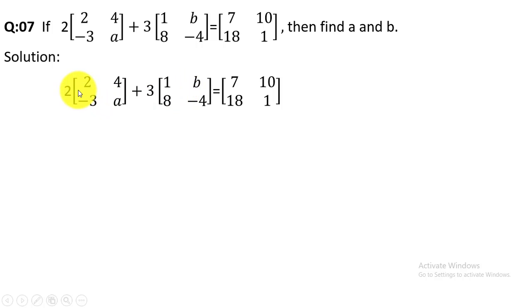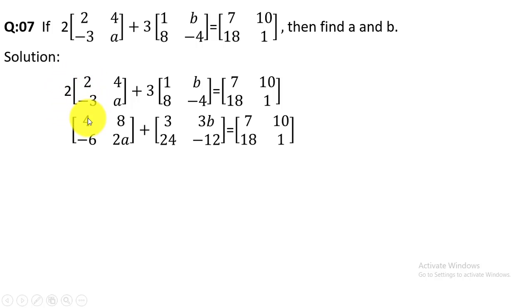So 2 multiplied with 2 becomes 4, 2 multiplied with 4 is 8, 2 multiplied with -3 is equal to -6, and 2 multiplied with A is equal to 2A. Similarly, 3 multiplied with each element of this matrix becomes 3, 2B, 24, -12, that is equal to 7, 10, 18 and 1.